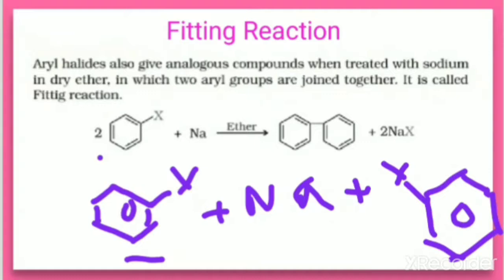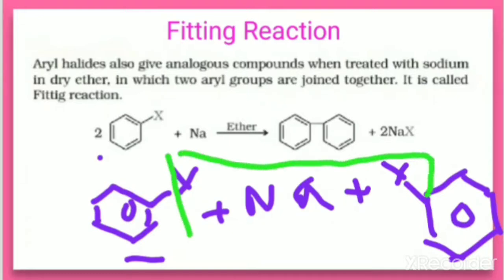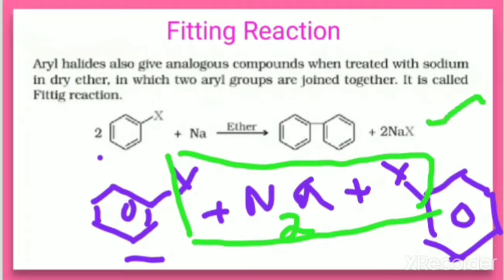So when you write in this way, it can be easy to frame the product. When you remove one X from here and two sodium metal, it results in the formation of a side product, that is 2NaX. So you can find that one side product here is 2NaX.